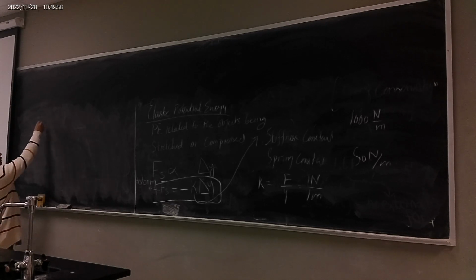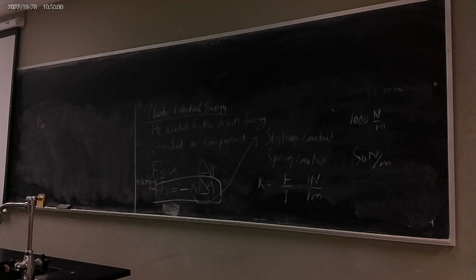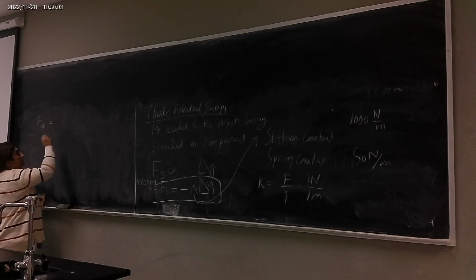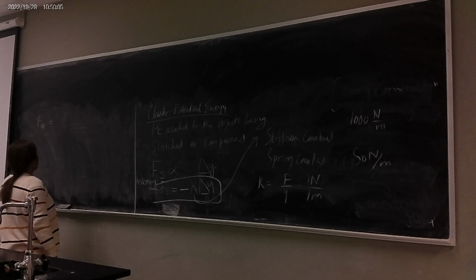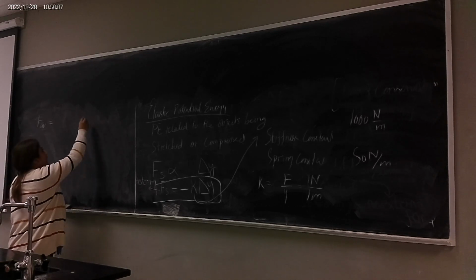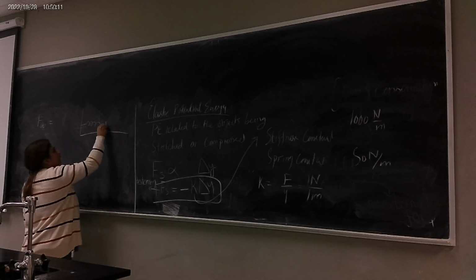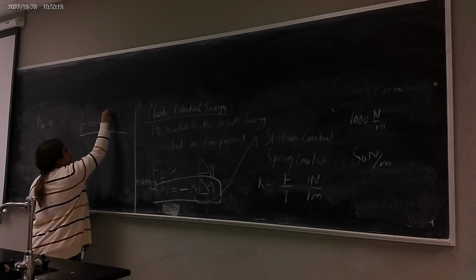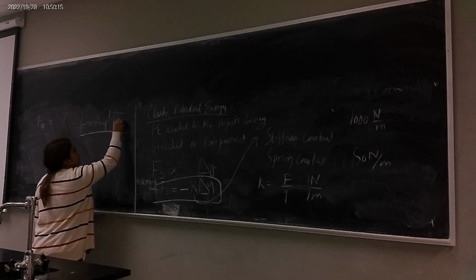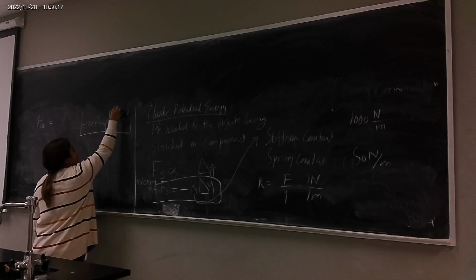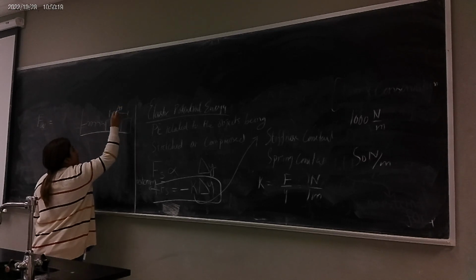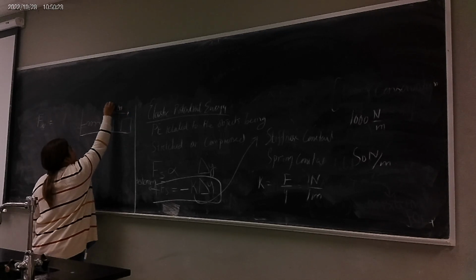The total force, the average force on the spring... Oh, I erased it, but I needed it. Okay, I will redraw it, but this time on a flat surface. I have the object sitting here in the natural position. I have stretched it to a new position, delta x. I have two positions here and here. Here the force is 0.